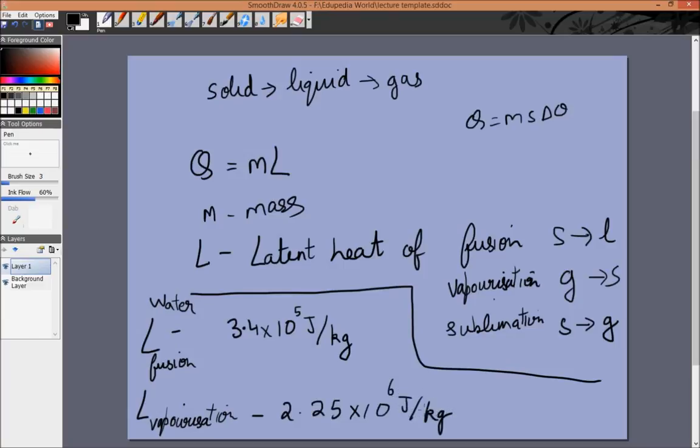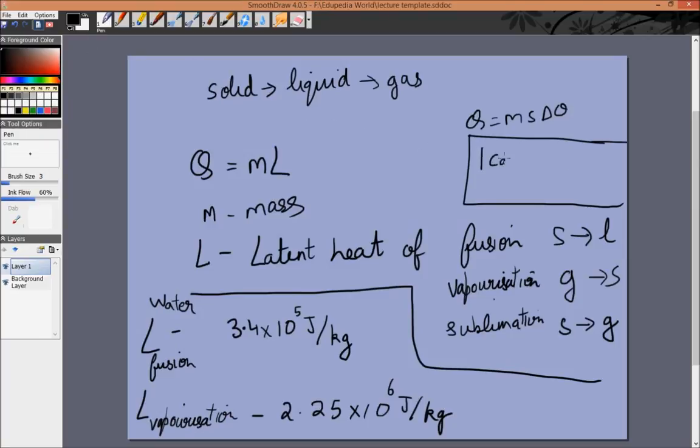Now there's another unit for heat. The standard SI unit for heat is joule, but there's another unit of heat which used to be used before we discovered that heat was a form of energy. Once you discover that heat is a form of energy, it makes sense to use the same units for heat that you do for energy, that is joule. But before that, for heat, a specific different unit was used, and that was calories.